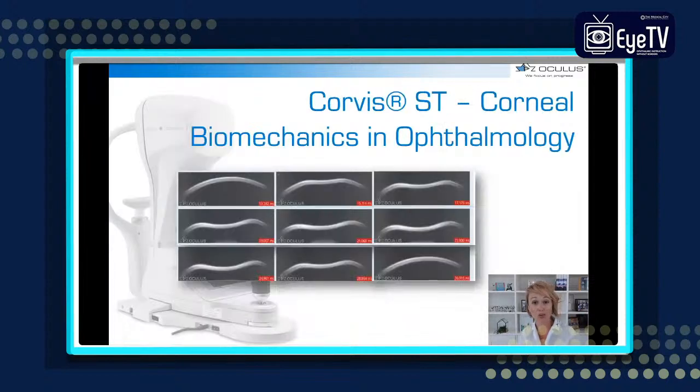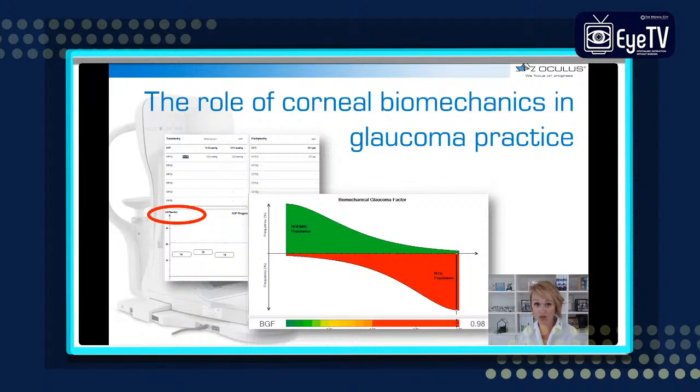In today's episode, the CorvisST will also be discussed. The Corvis, a non-contact tonometer which includes high-speed Scheimpflug photography, measures the corneal biomechanical response, but also generates normative parameters, which is helpful in many areas of ophthalmology, one of which is glaucoma.